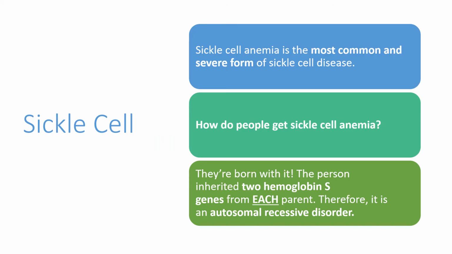Sickle cell anemia is the most common and the severe form of sickle cell disease. How do people get sickle cell anemia? They're born with it. The person inherited the 2 hemoglobin S genes, one from each parent. Therefore, it is where we see the body has a recessive disorder because they have 2 of the same genes that can cause the sickling to occur.